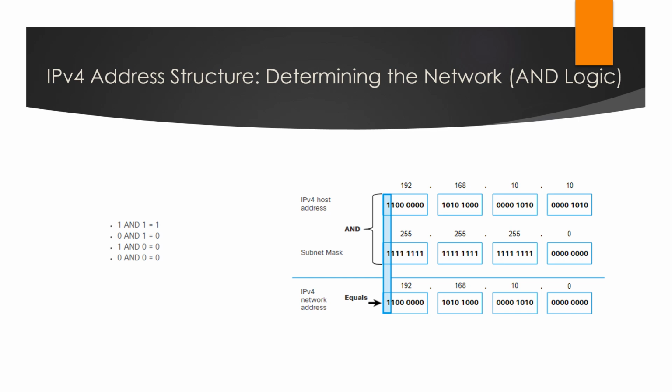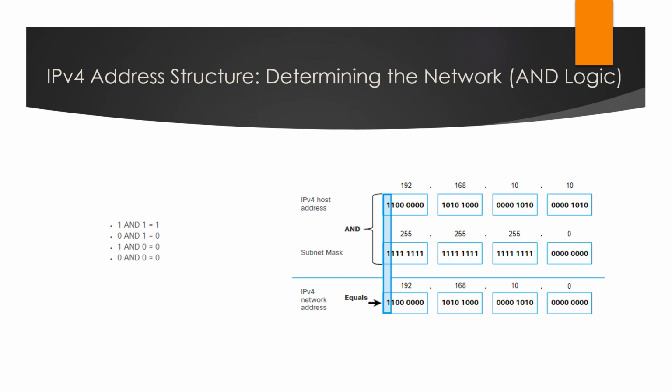A logical AND is one of three Boolean operations used in Boolean or digital logic. There are the operations AND, OR, and NOT. The AND operation is used in determining the network address. Logical AND is the comparison of two bits that produces the results shown below.